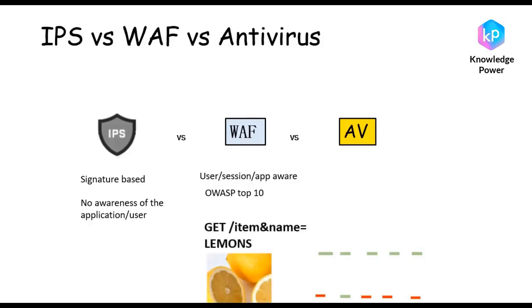Let's say you are sending a basic GET request to your server and you want to get an item, and the item name is lemon. So the pattern and the algorithm between each letter is green, and the system knows that exactly that pattern is fine. It is not an attack.